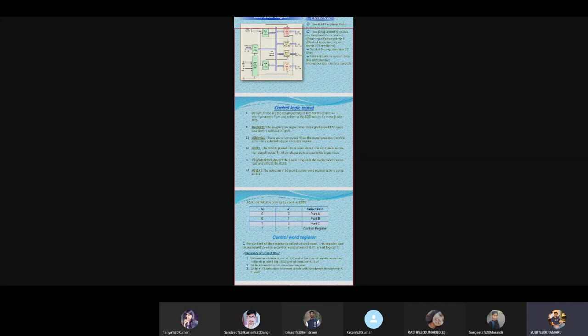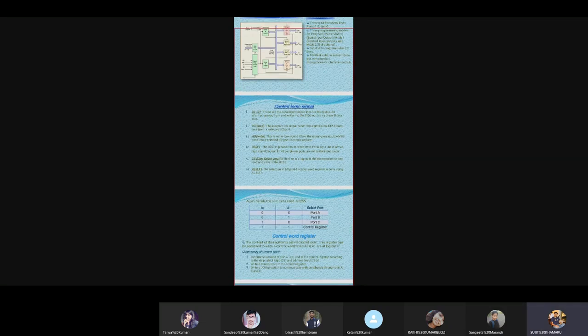If the chip select line is logic 0, then the microprocessor can read or write to the 8255. Actually, chip select acts like an on-off switch. When it is on, work can be processed, otherwise it is off. So if the chip select line is logic 0, then the microprocessor can read or write to the 8255.